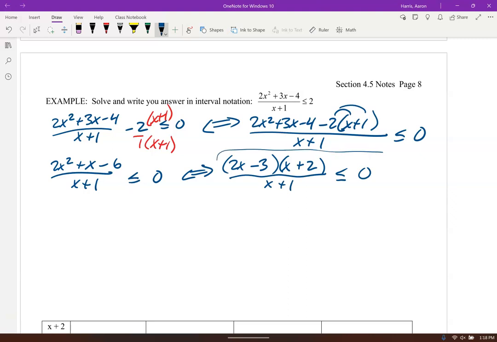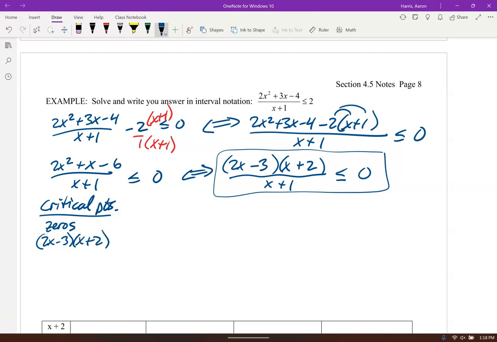Okay, so this is what we're asking. This is a useful form, right? Right there. So then I say, okay, well, my critical points are from my zeros, which are from the numerator. So 3 halves and -2. And where's it undefined?